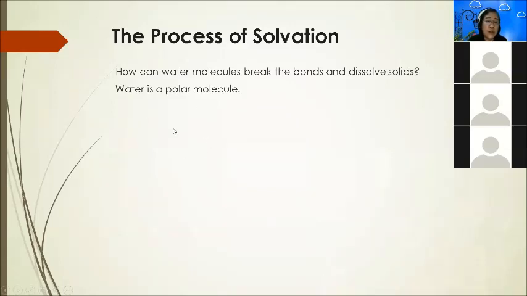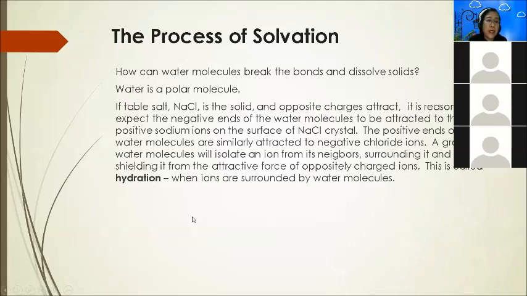That is why water is a polar molecule. So if table salt, which is sodium chloride, is the solid, and opposite charges attract, it is reasonable to expect the negative ends of the water molecules to be attracted to the positive sodium ions on the surface of the sodium chloride crystal.